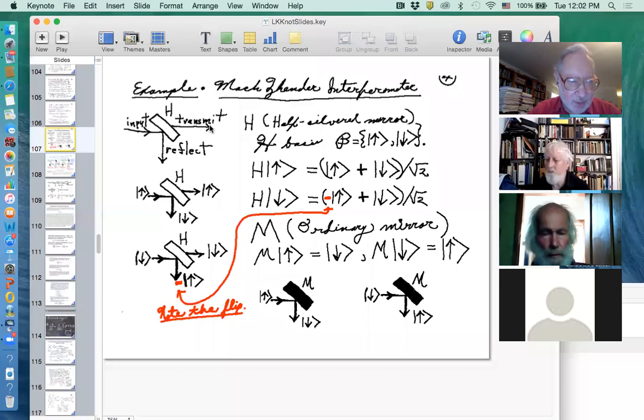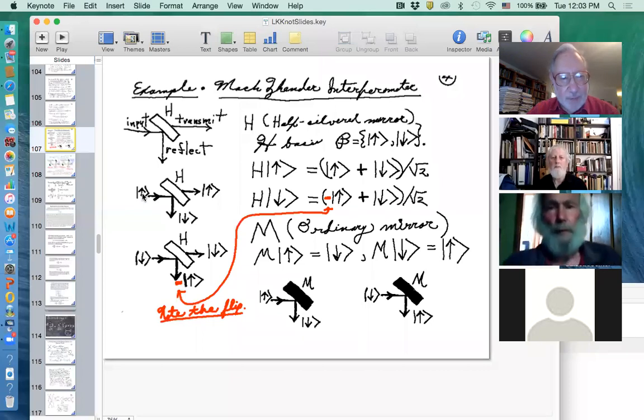It doesn't get disturbed. Maybe not all the light goes through, but that's a good way to think about it physically. Upon reflection, it might flip its spin, or it might even get a phase change. Those are the two qualities for the half-silvered mirror that I redefine it to be.